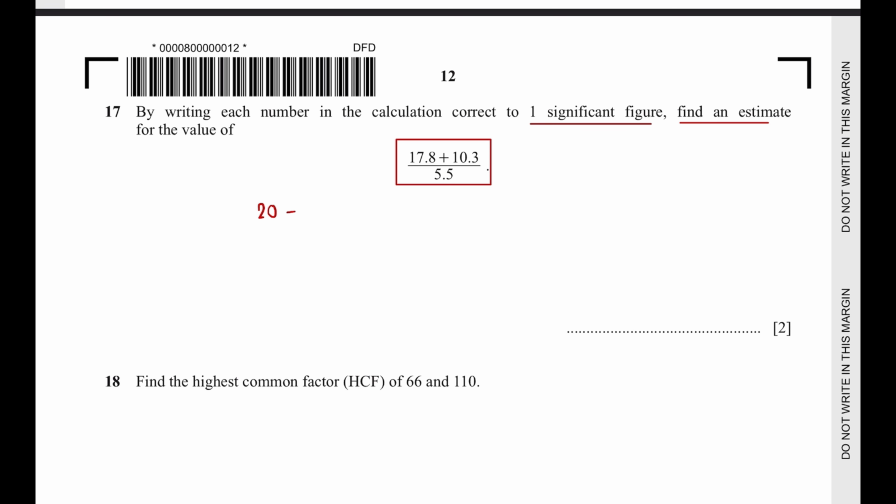The estimate of 10.3 is 10, and the estimate of 5.5 is 6. So all of these values have one significant figure, so that we will have 30 over 6, which is equal to 5.